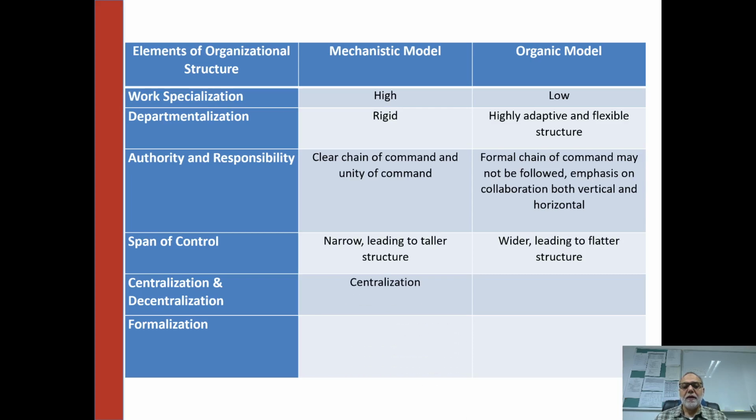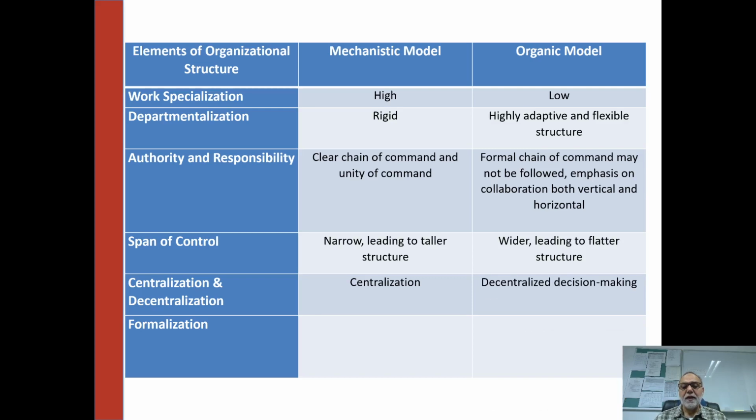On centralization versus decentralization, mechanistic models are centralized, with decision making at the top management level, whereas in the organic model decision making is decentralized.